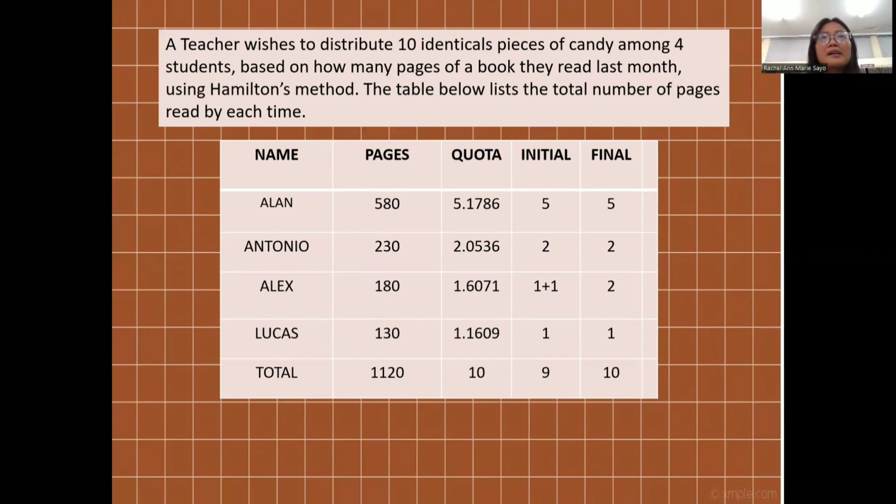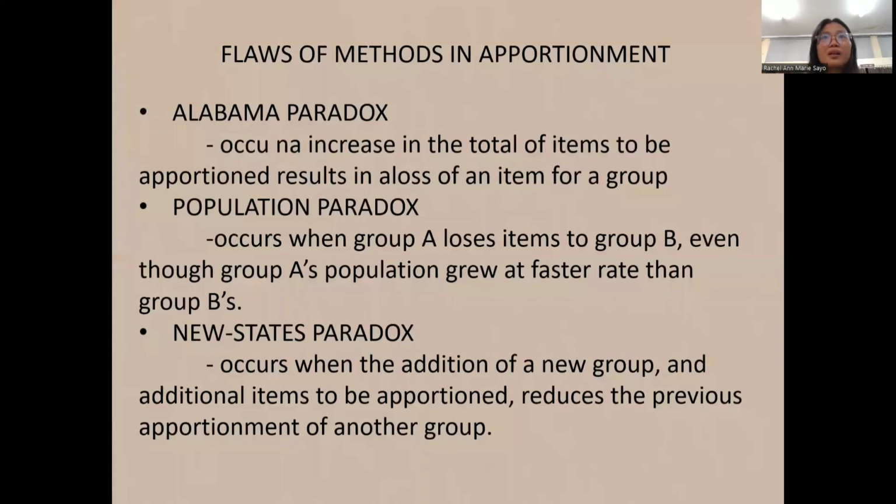If you notice, it's not just all about solving, but also comprehension and analysis for the solving. Even though there are already five methods, there are still flaws in apportionment.